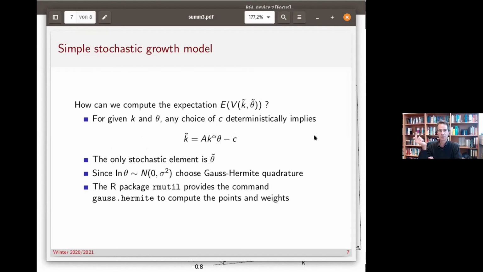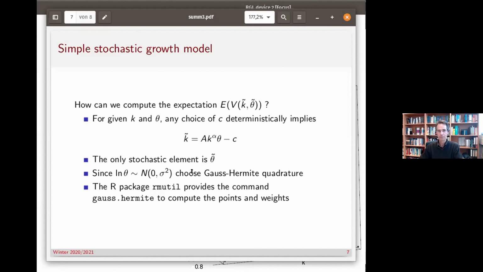The second one is, how can we compute the expectation? Well, for given capital stock and technology level, and for given choice of the control variable consumption, the future capital stock is not stochastic. The only stochastic part is the future technology level. And we know that the log of the technology level has a normal distribution.